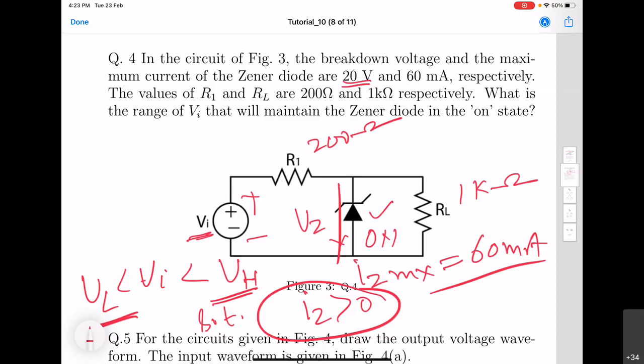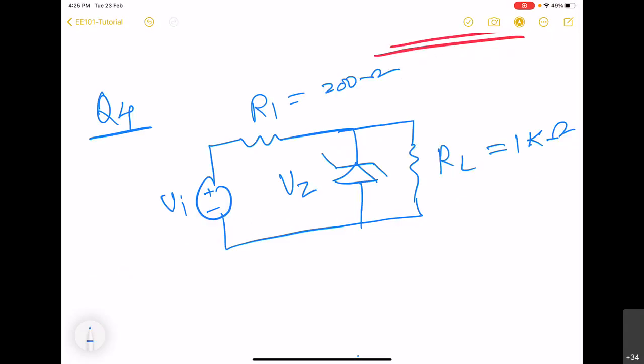VI will be from 24 to 36 volt. Yes. So this is what we have been given.